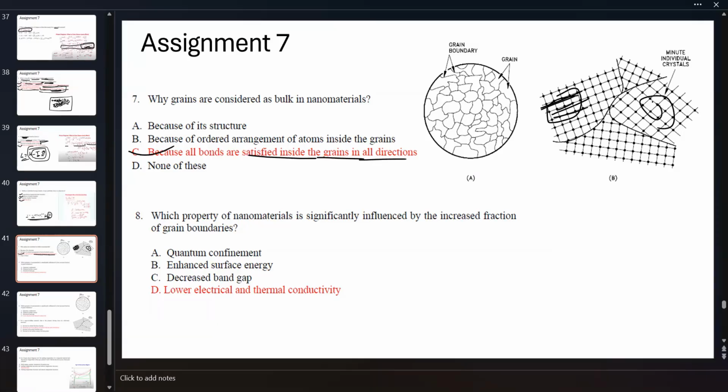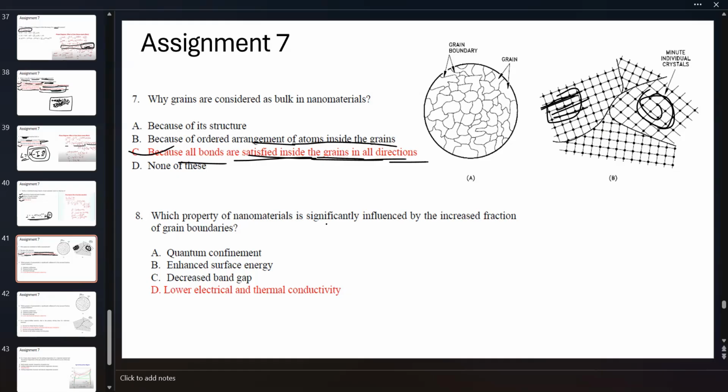If you pick any atom, it has complete valency because of ordered arrangement.